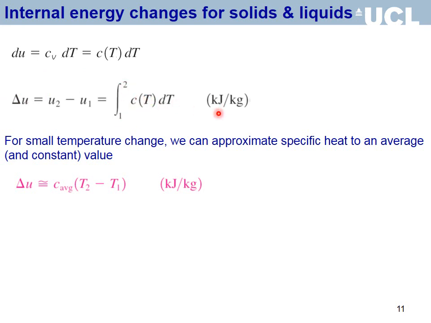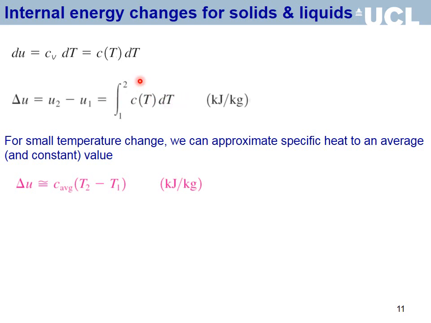And if the temperature change is not much, I can approximate my specific heat here by an average value, right? Oftentimes, for convenience of analysis, we take this as room temperature. If you want to be slightly more accurate, you can take this as the specific heat C at the average temperature between 1 and 2, or any other form of average that is reasonable enough. The point is, whatever constant you settle on, if this becomes a constant, it can be taken out of the integration.